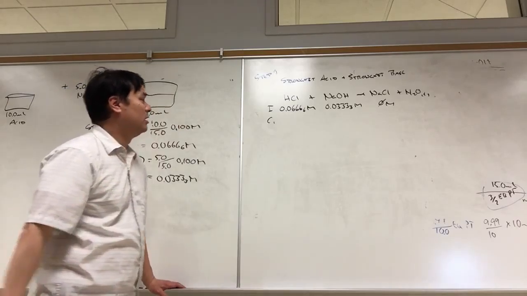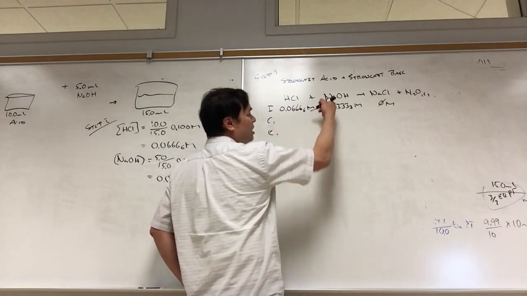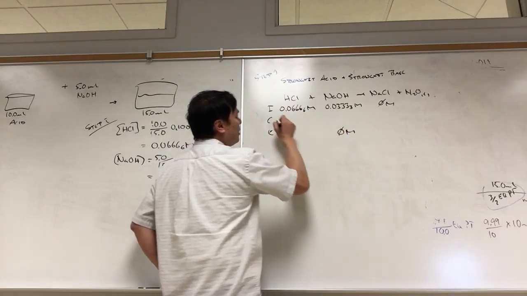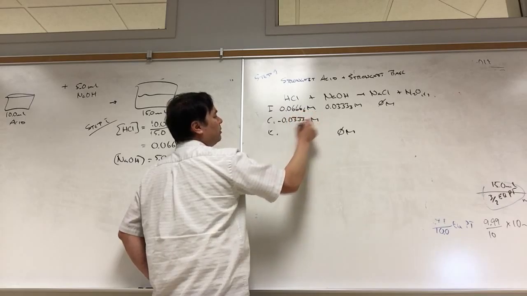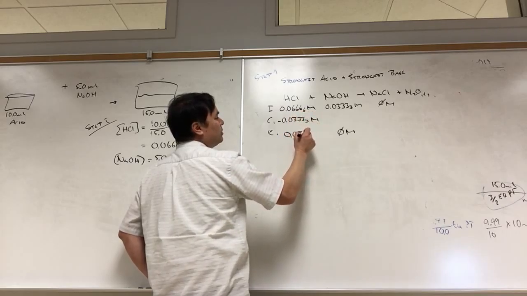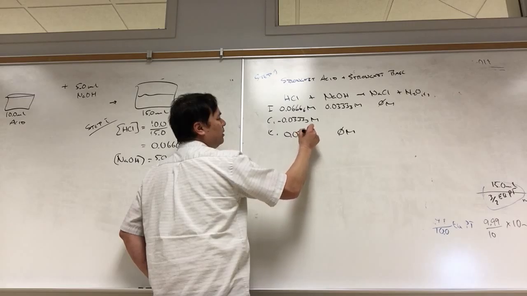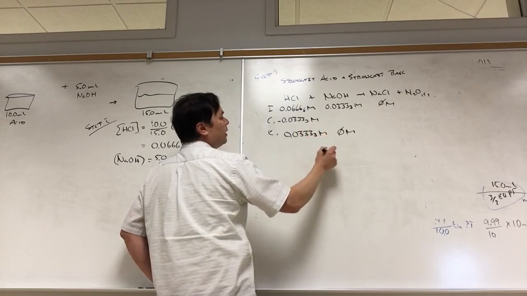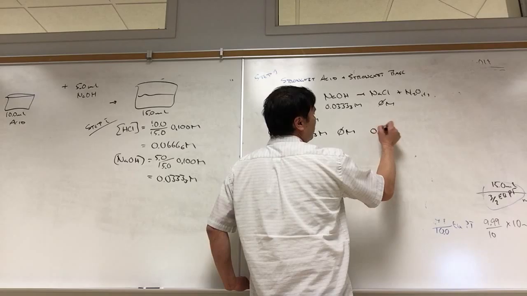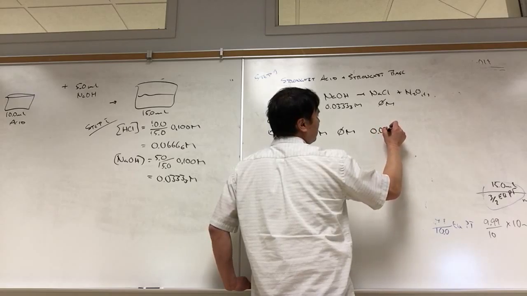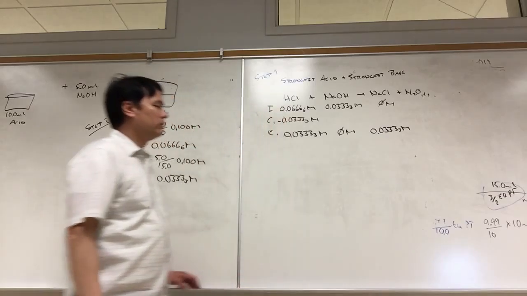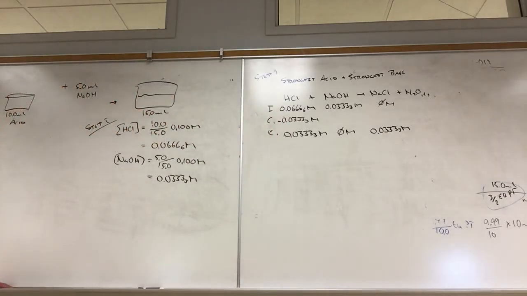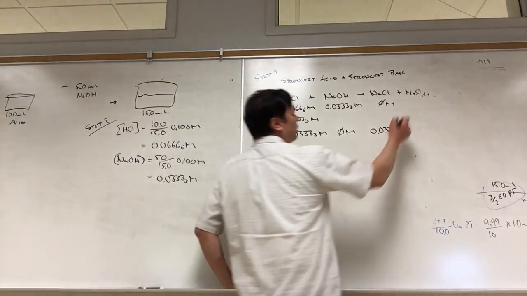So in this case, the limiting reagent is going to be sodium hydroxide. So we're going to lose all that. And that means we're going to lose 0.0333 molar, and we're going to end up with 0.0333 molar here. And sodium chloride will end up at 0.0333 molar. Okay, 0.03, quadruple 3. Water is out of there.